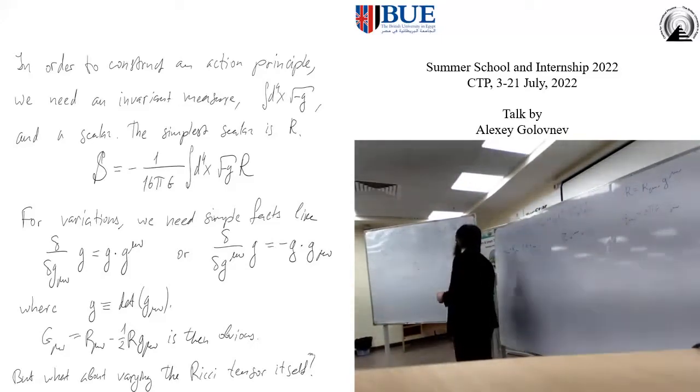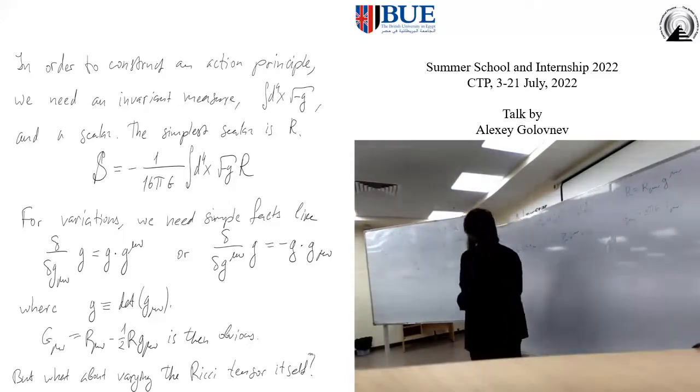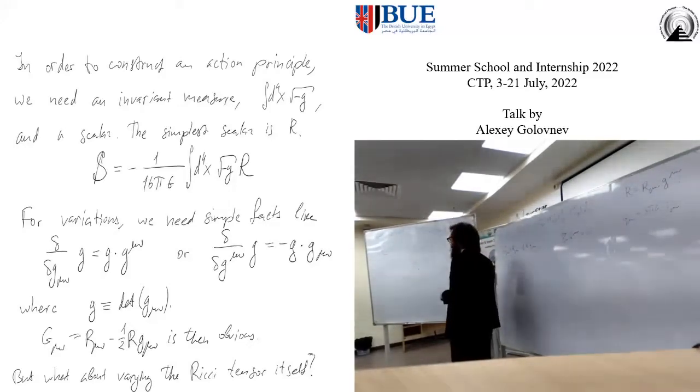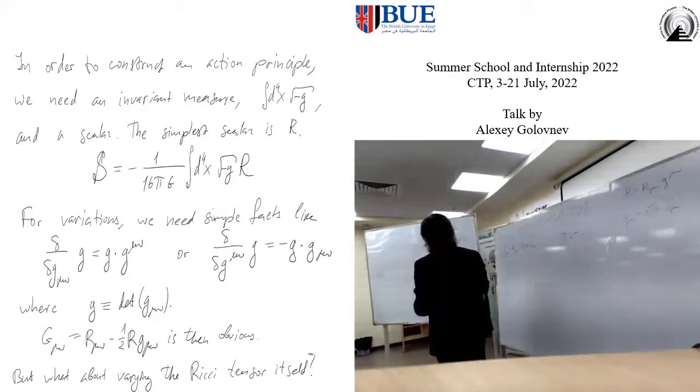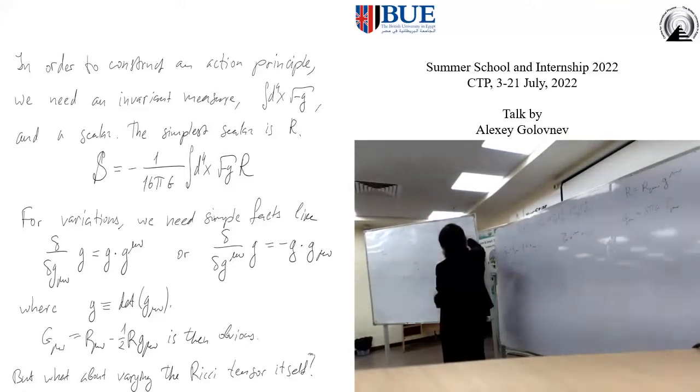Why do I put here minus sign? Because the determinant is negative here, and I don't want, of course, to have imaginary units. And in principle, our convention was to have plus, minus, minus, minus signature. So that means that my 4x4 matrix has 1 positive eigenvalue and 3 negative eigenvalues, so its determinant is negative.